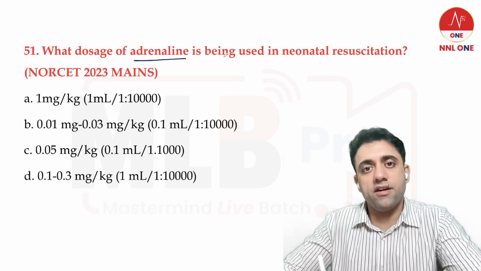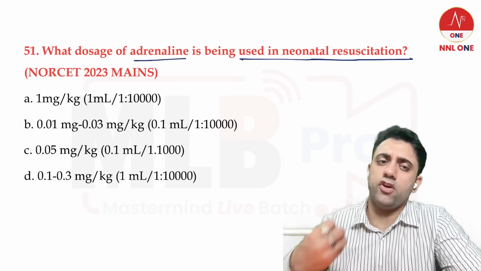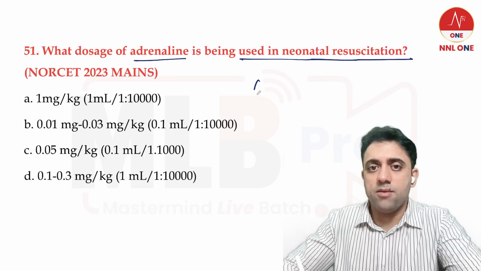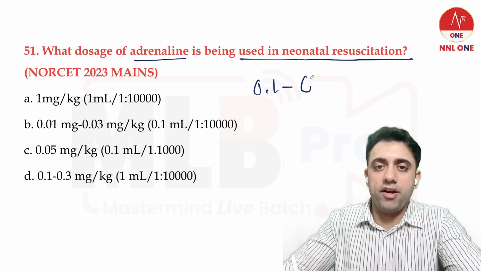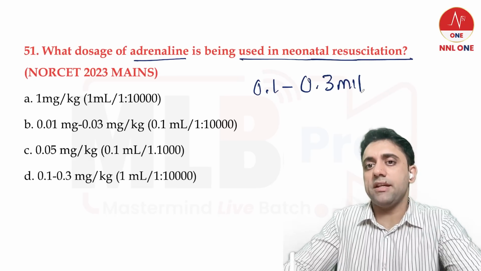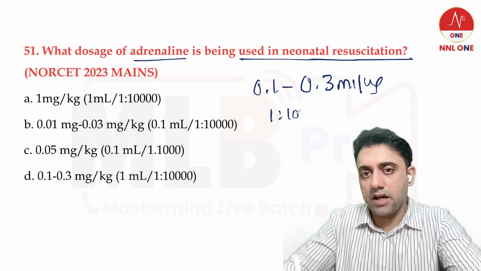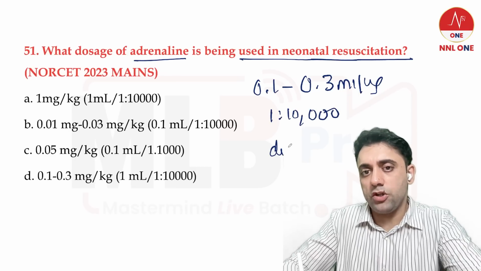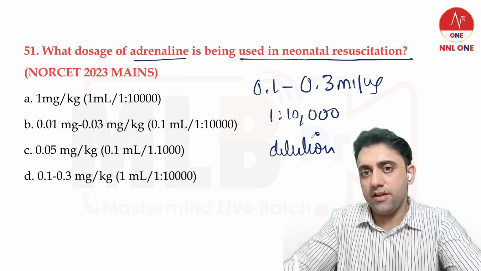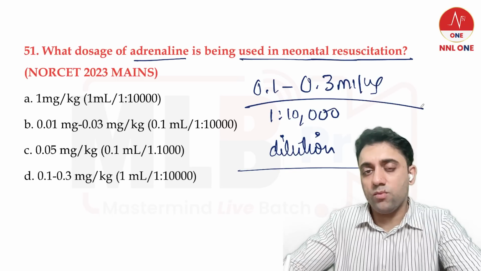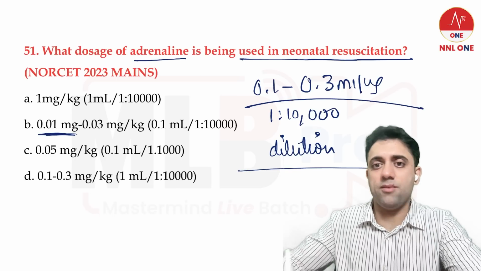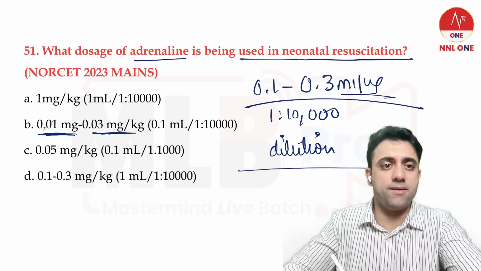What is the dose of adrenaline used in neonatal resuscitation? One of the favorite questions for all the exams. 0.1 to 0.3 ml per kg in 1:10,000 dilution is the dose of adrenaline in neonatal resuscitation. 0.1 ml means 0.01 mg and 0.3 ml means 0.03 mg per kg.